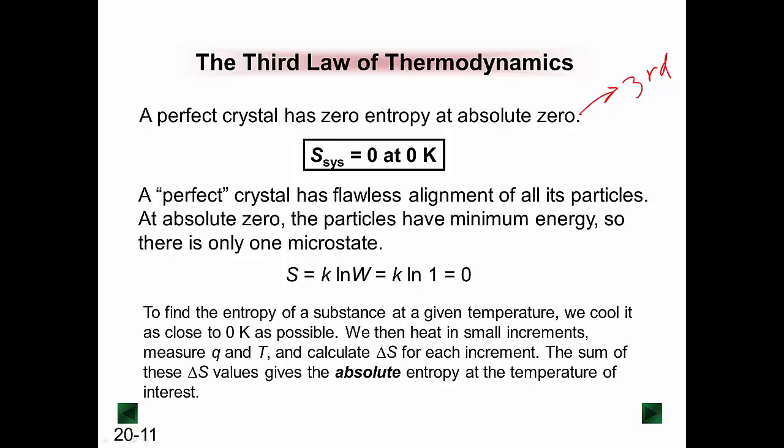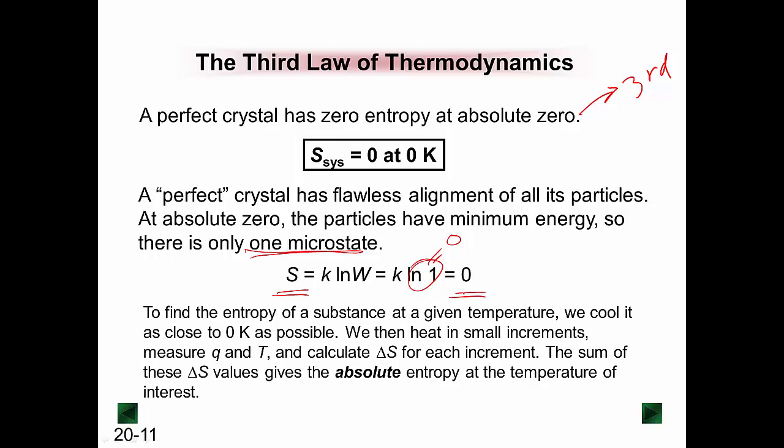What we mean by this is that if you have a perfect crystal with a flawless structure, where all of its particles are aligned perfectly, and you were to lower the temperature of that crystal all the way down to absolute zero, the particles will have minimal energy, so there would only be one microstate. And if there's only one microstate, the natural log of 1 is equal to 0, so entropy equals 0 at absolute zero for a perfect crystal.